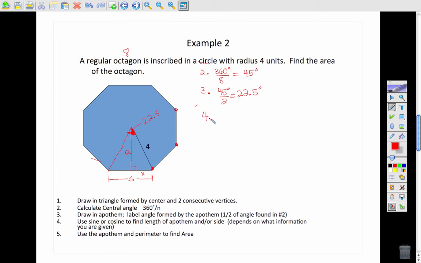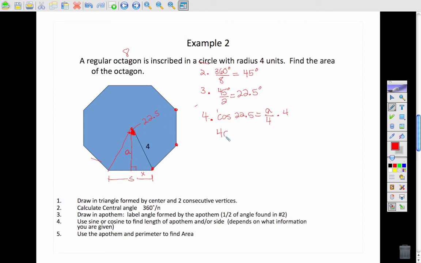Alright, so now we are on step 4. And the first thing we're going to find is the apothem. So we are going to use cosine. We're going to take the cosine of 22.5 equals adjacent over hypotenuse. It's our apothem, so A over 4, which is the hypotenuse.